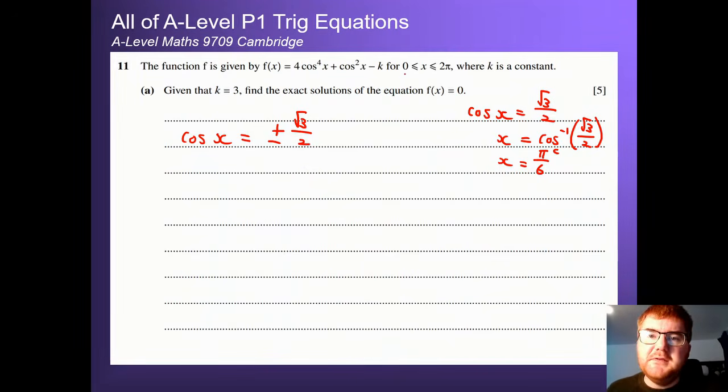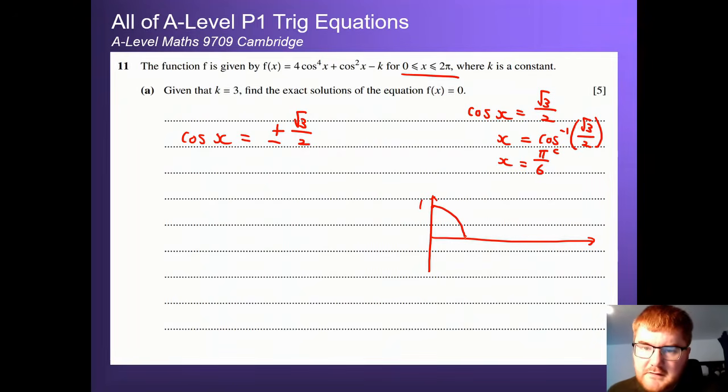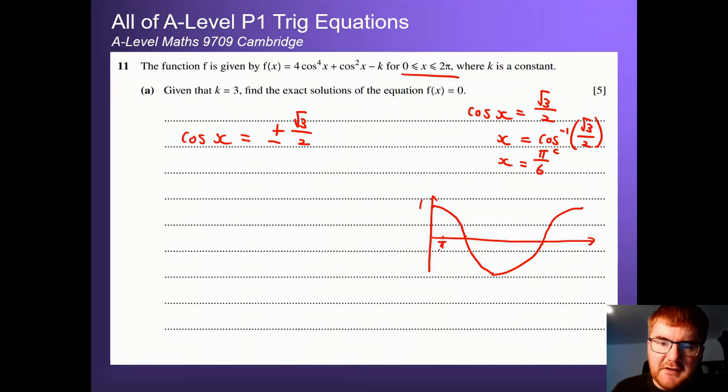So our domain is between 0 and 2 pi. So let's just draw a sketch of cosine. So we start at 1, we go down, and then round, and then upwards, like so. And we've worked out the solution for pi over 6, which is 30 degrees. So that's going to come up somewhere here. Notice we've got a symmetry here over to get this solution.